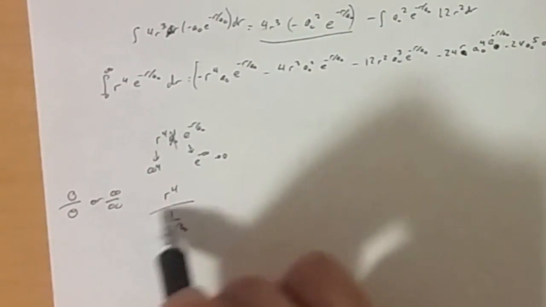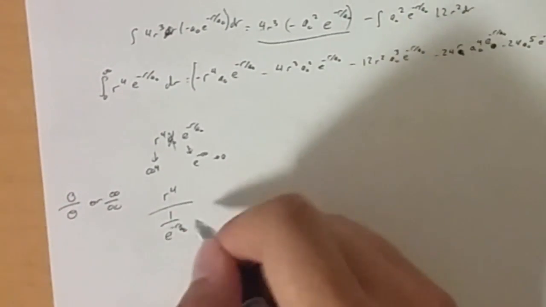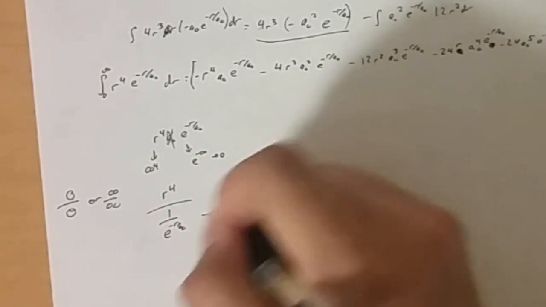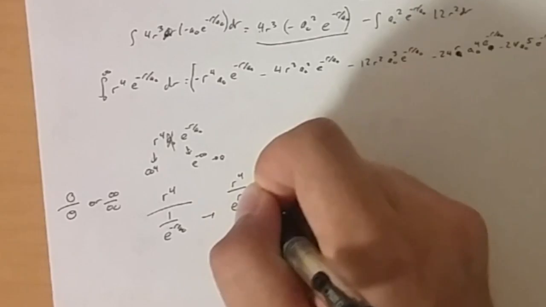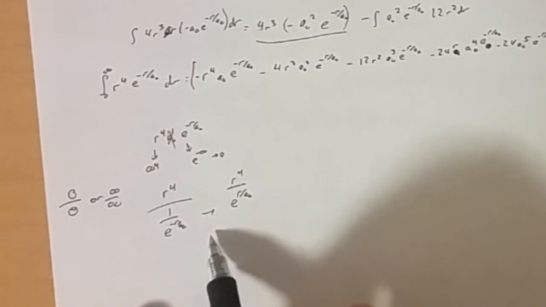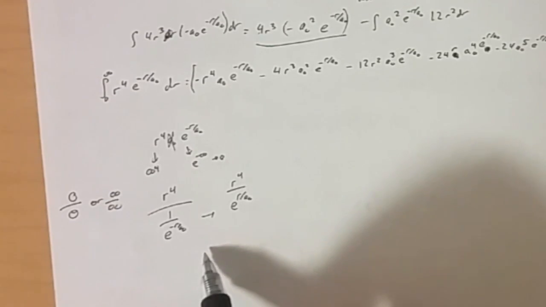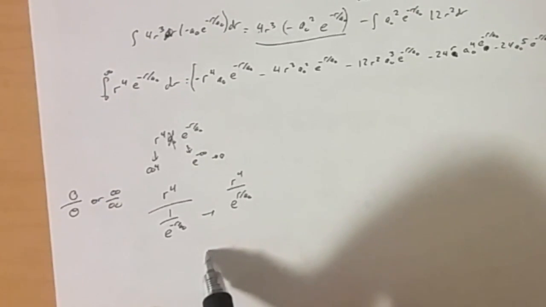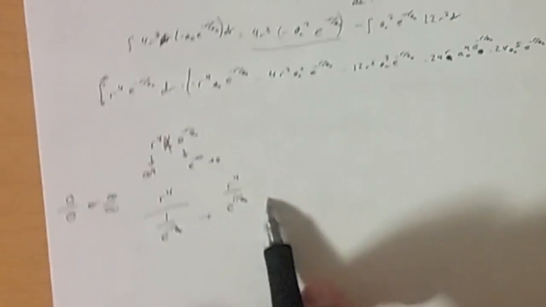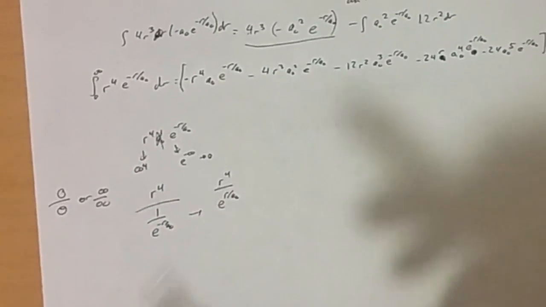And this term, we can write it, as we've just discussed, as e to the r over a naught. And both of these should go to infinity. Both of these are going to infinity, right?